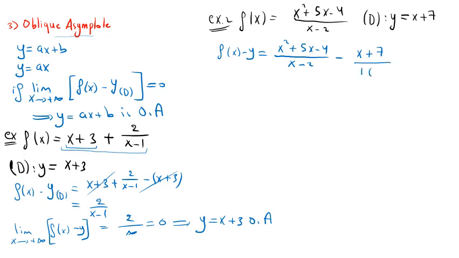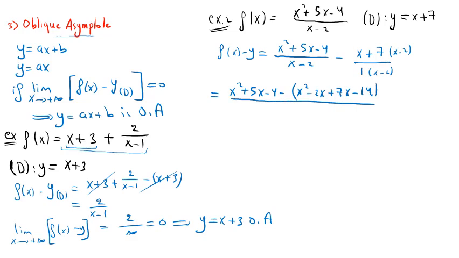Here we have 1 times x minus 2 times x minus 2, then the answer will be x squared plus 5x minus 4 minus, here we have to expand, x squared minus 2x plus 7x minus 14, over x minus 2, equal x squared plus 5x minus 4 minus x squared plus 2x minus 7x plus 14 over x minus 2.